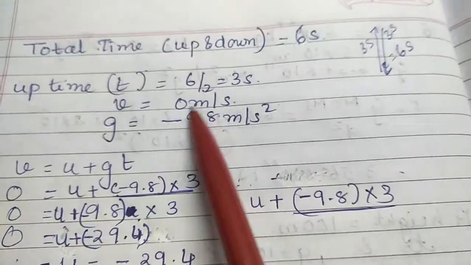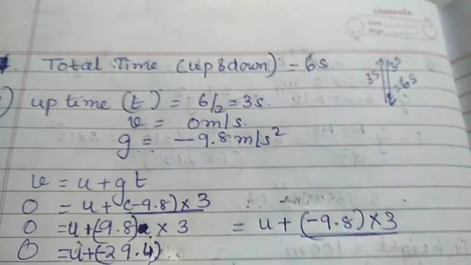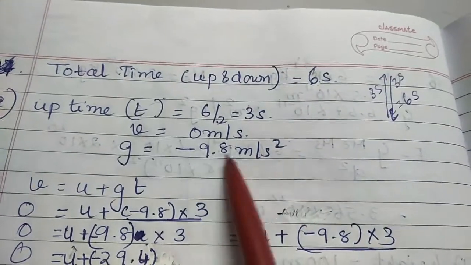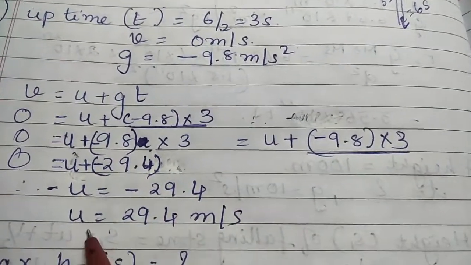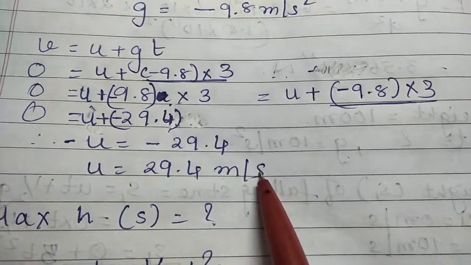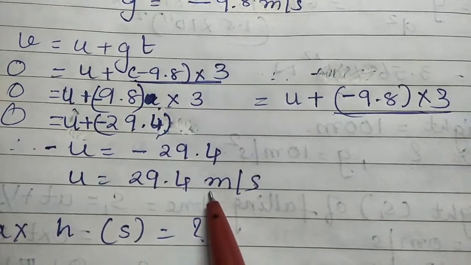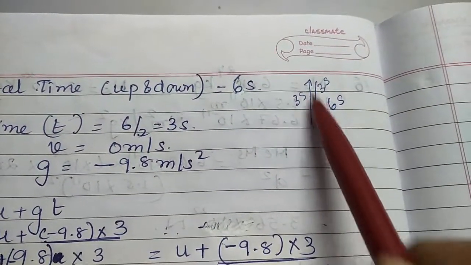Now v will be 0 here because when it is thrown up, v becomes 0 and g will be negative. So putting the value in this, you get the value of u as 29.4 meter per second. That is the velocity with which it was thrown up.